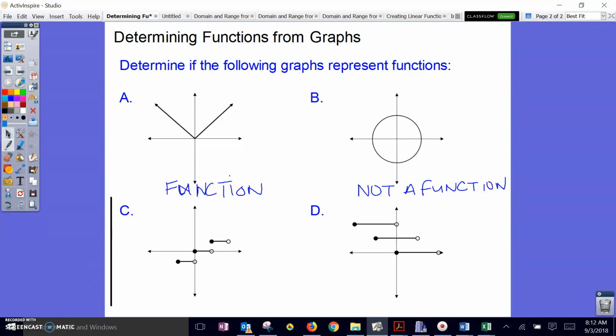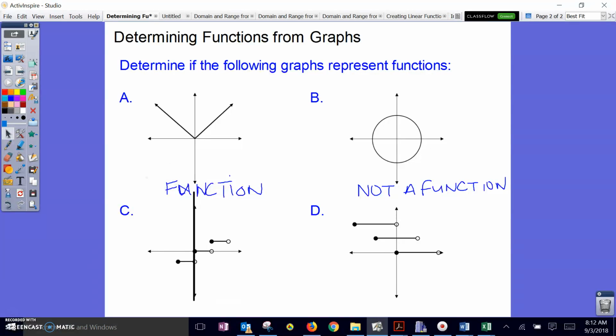Alright, next graph. Pass the vertical line. It's only hitting one point at a time here, one point at a time, one point at a time. The questionable spots are right here, right here.